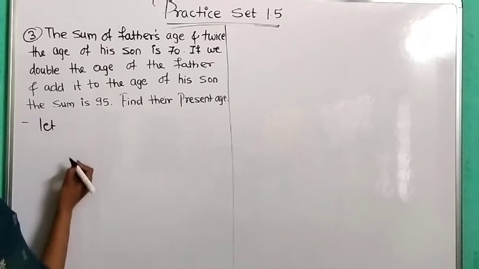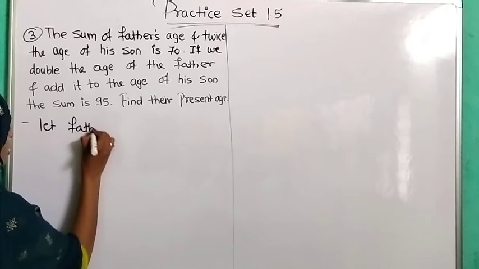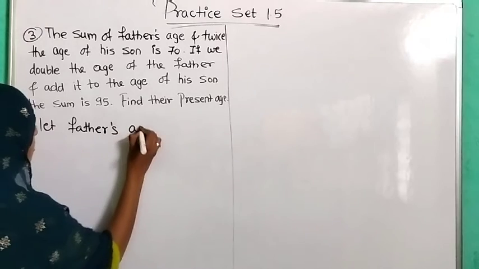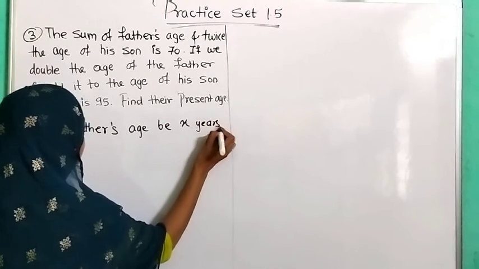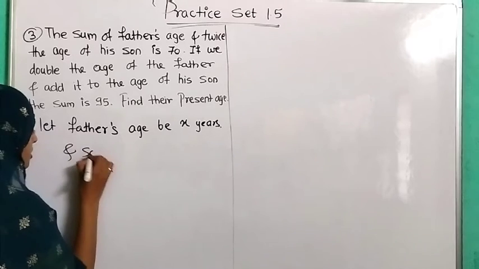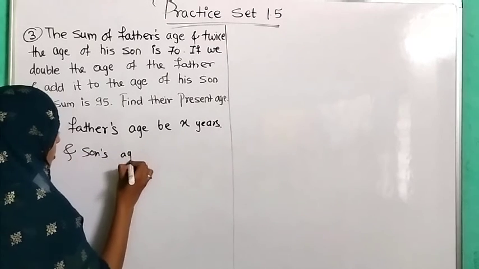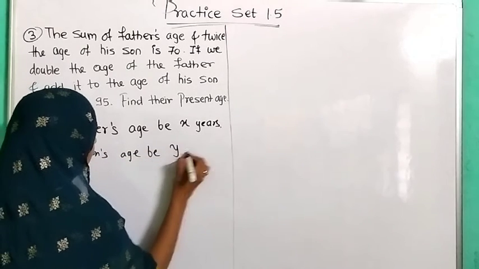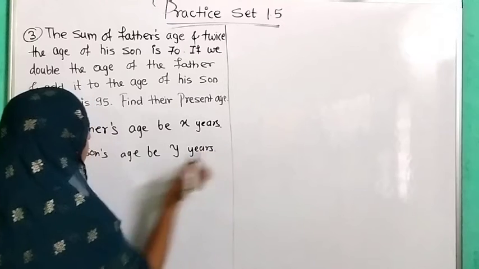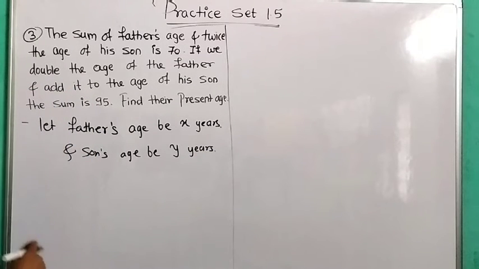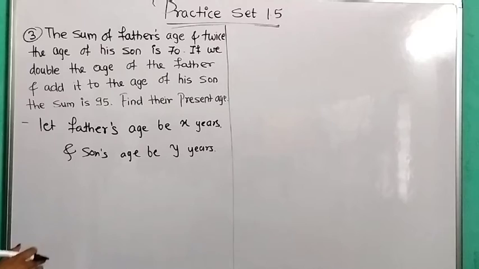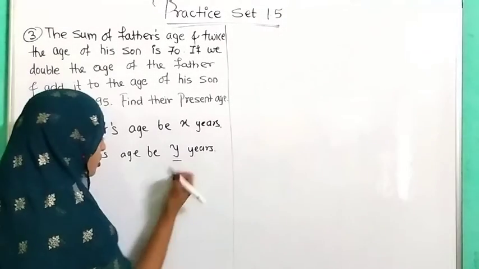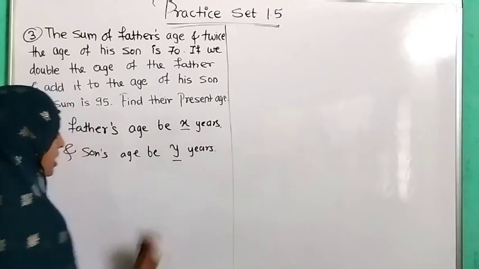Let father's age be x years and son's age be y years. Now, according to the first condition, the sum of father's age and twice the age of his son, means son's age is y years and father's age is x years.